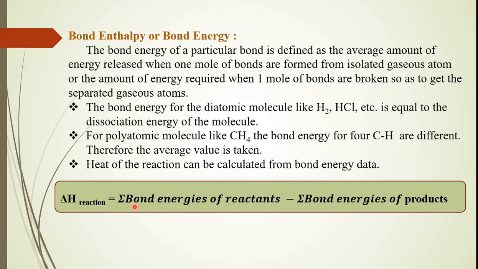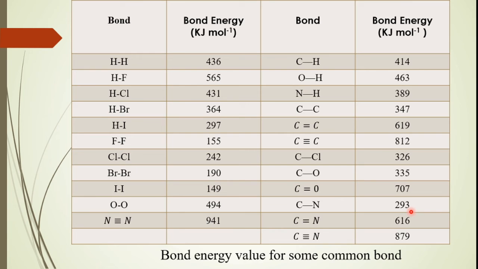It is the summation of bond energies of reactants minus the summation of bond energies of products. Is it okay? So this is the table in which there are the values of bond enthalpies or bond energies for some common bonds. This is also given in your textbook, so you can refer to it or you will have this table with you.